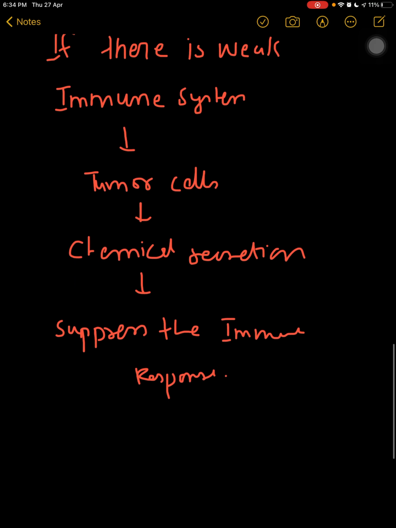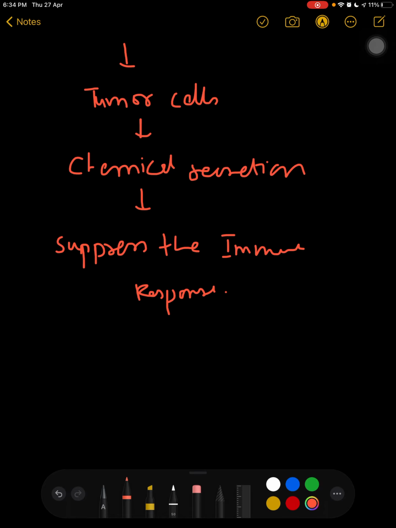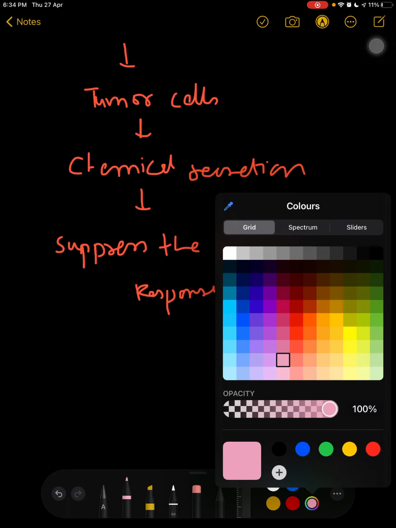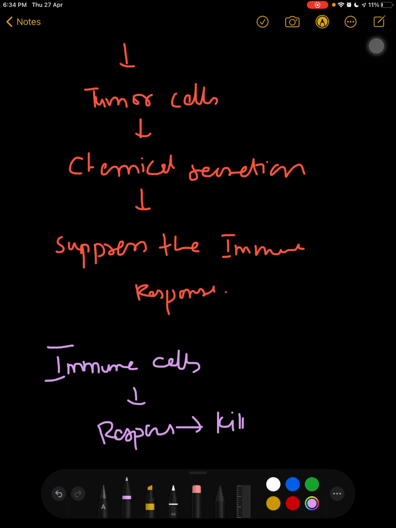If the immune system is weak, the rapidly grown tumor cells will send a chemical secretion to suppress the immune response, right? And even though, these immune cells, the tumor infiltrating lymphocytes, will generate a response to kill these tumor cells.